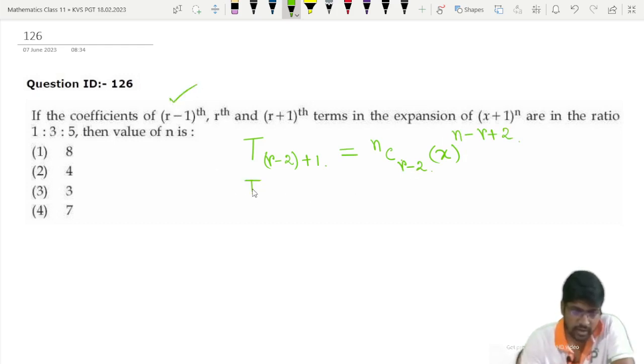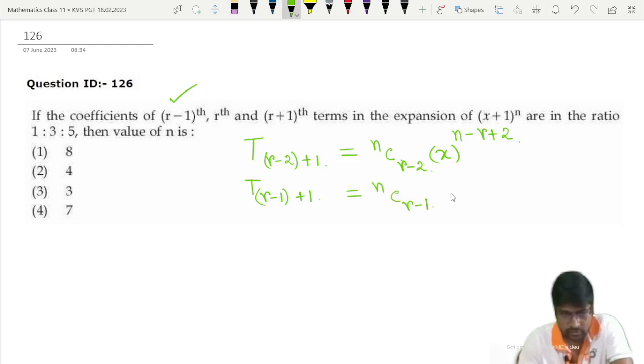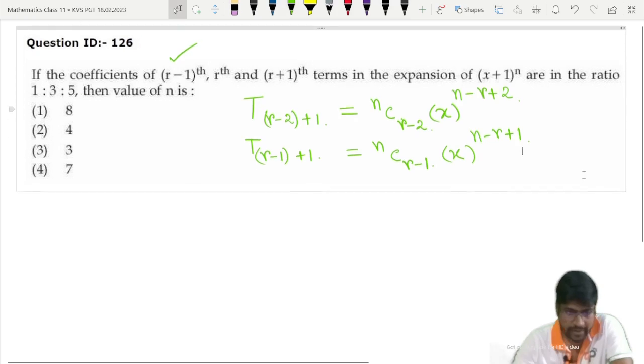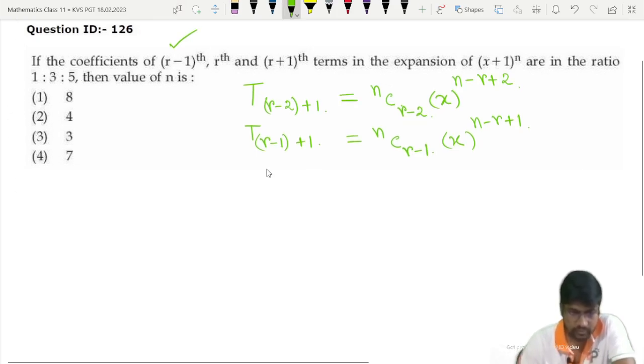Then come to the rth term. The rth term I can write as r minus 1 plus 1. So this will be equal to nc r minus 1 into x to the power n minus r plus 1. With a very cool mind you have to do this, otherwise you will make miscalculations.